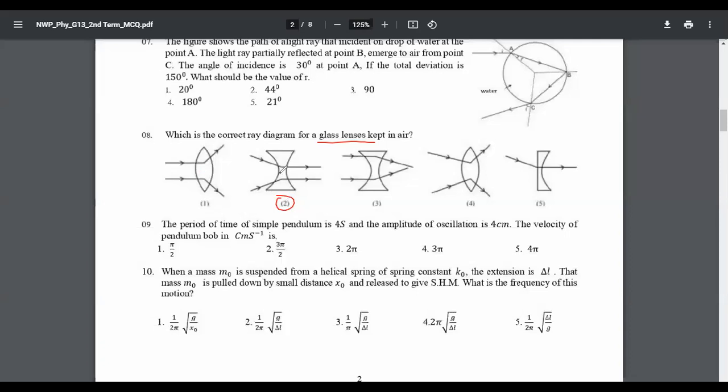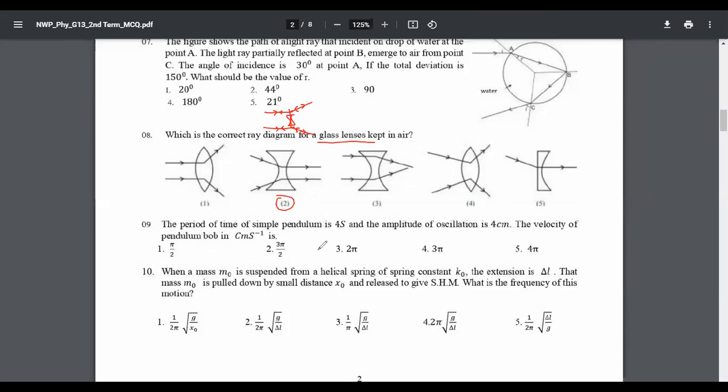You have to decide this based on the reversibility of light, because when light approaches a concave lens, it diverges. This is how we normally draw. If you change the direction of the arrows, then you will be getting this. Light can take the reverse path. So this second is the answer.